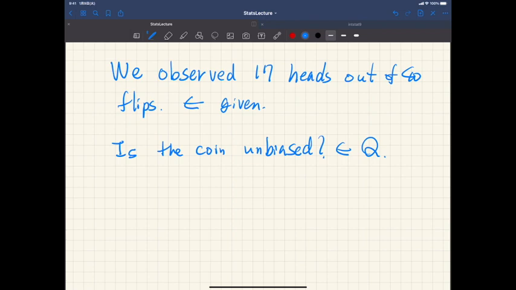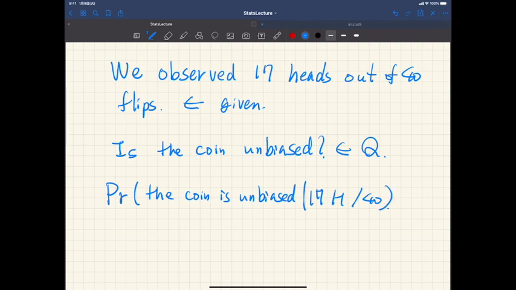So it looks like we want to calculate the probability that the coin is unbiased, given the experimental results, 17 heads out of 40. If we can calculate this probability and it is high, close to 1, then we are pretty sure that the coin is more or less unbiased.